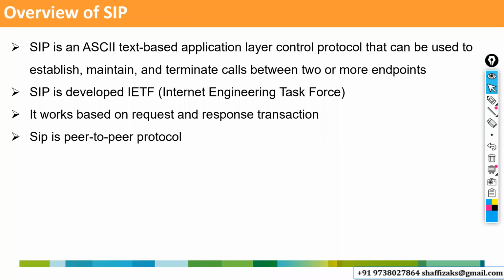But in the SIP protocol, it is peer-to-peer. It will not depend on the call manager. It can work individually, a call can be terminated, and it can generate a new call leg. That's the reason it's a peer-to-peer protocol.